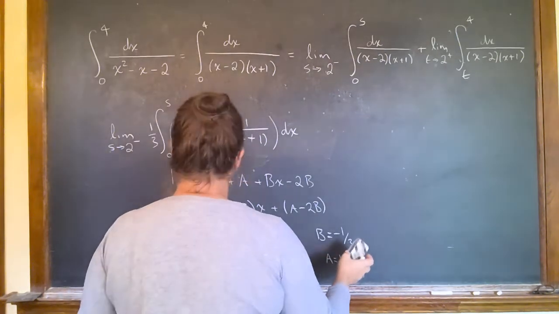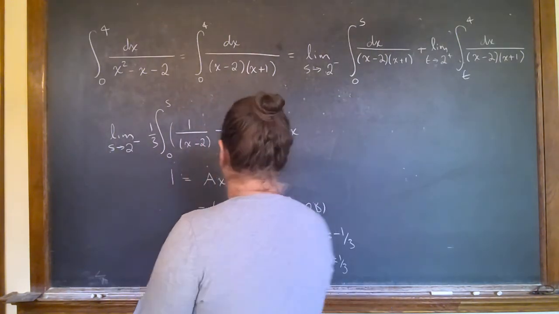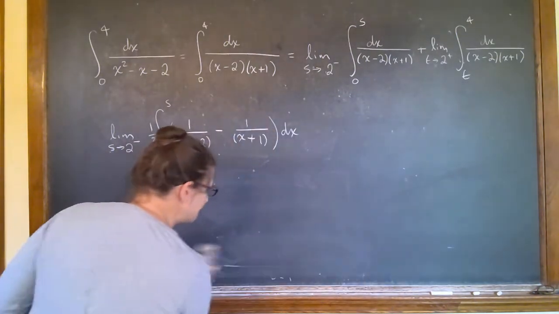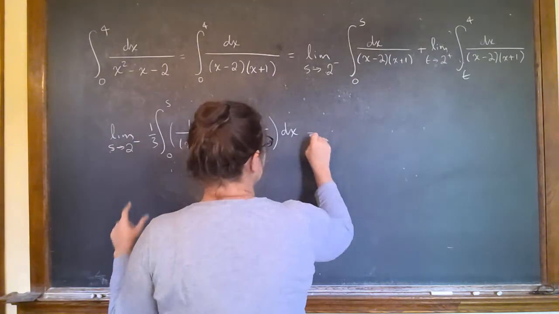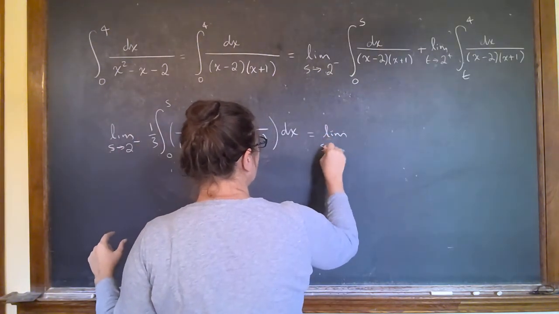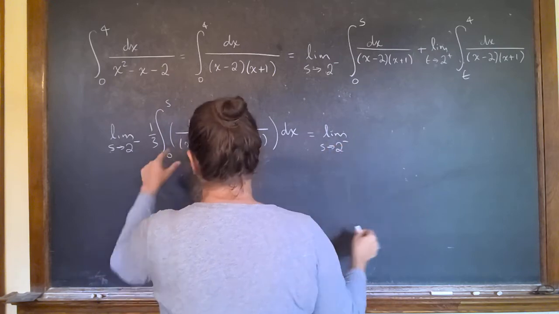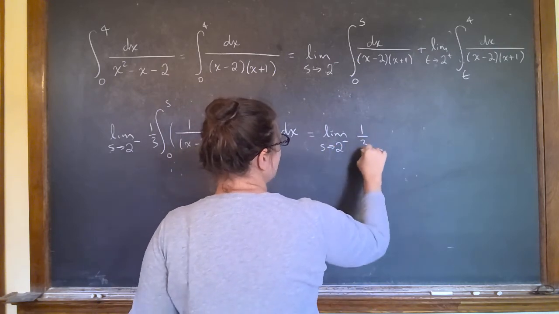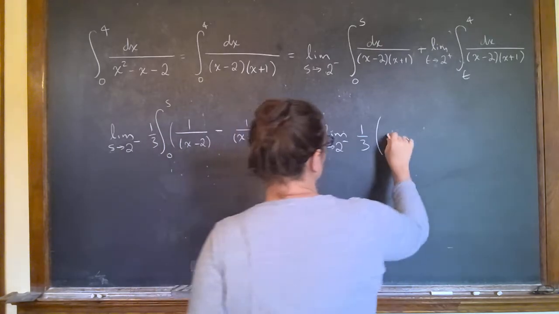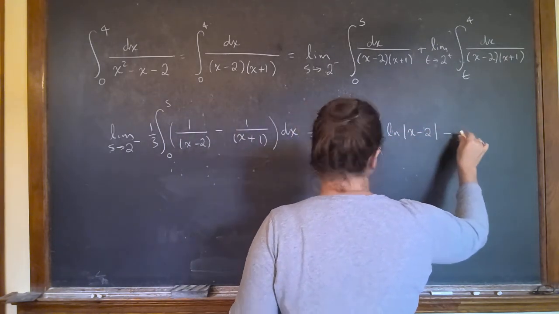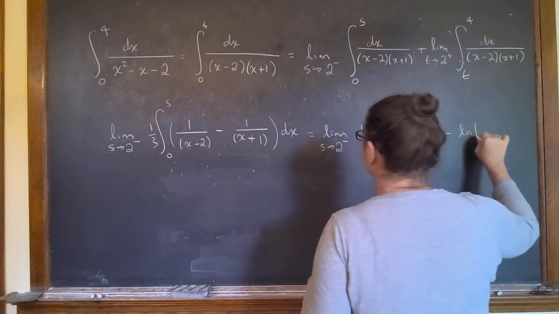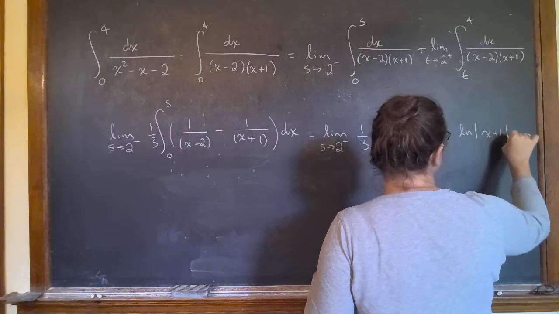Yeah. So then, I'm going to get rid of this, if you all don't mind. So then I have the limit as s goes to 2 from the left of 1/3 of natural log of x minus 2 minus natural log of x plus 1.